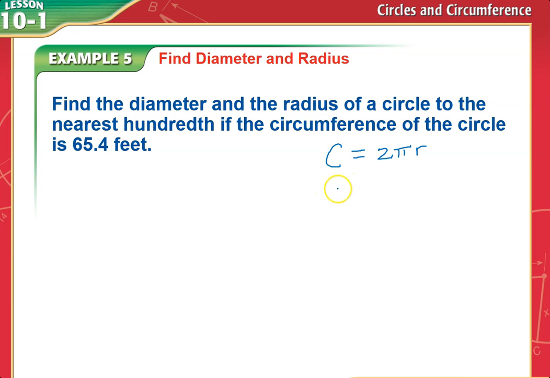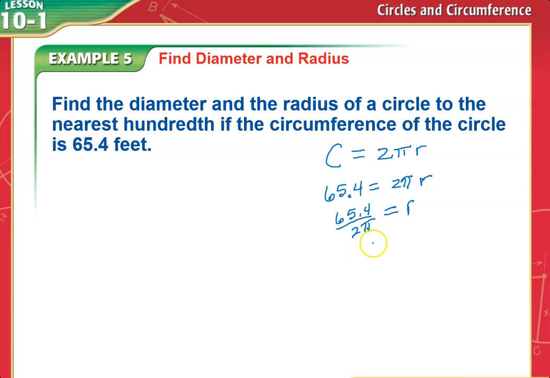That's our formula we could start with. This is 65.4, we already know this number, and we set it equal to 2 pi. And 2 pi is just a number, a little bit over 6, multiplied by the radius. Well, I could divide both sides by the 2 pi, and that gives me my radius.